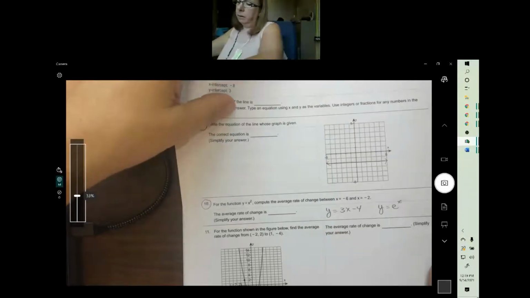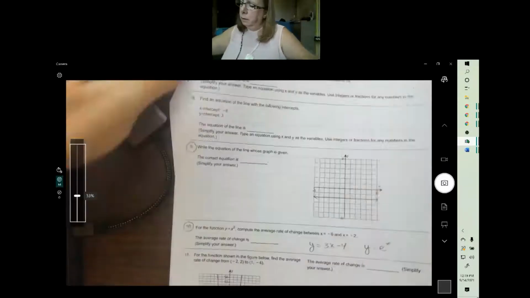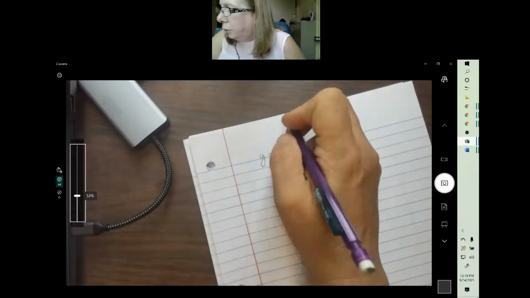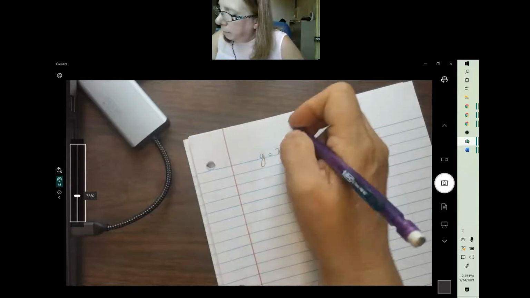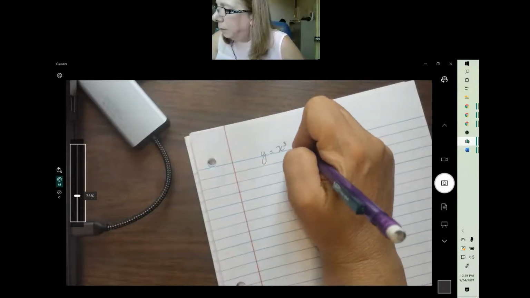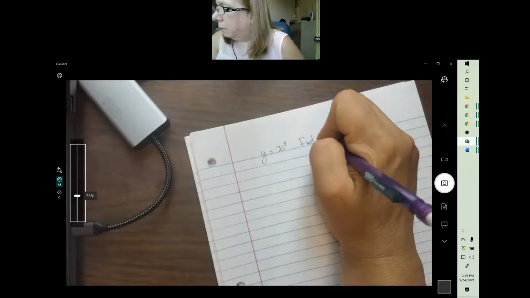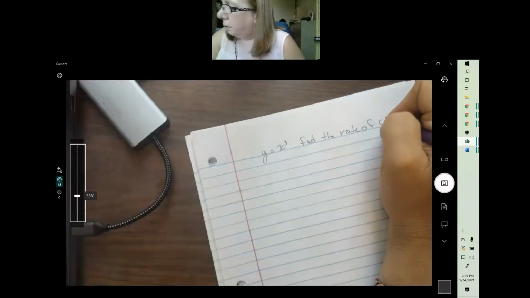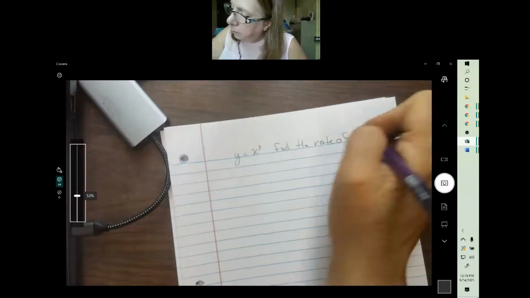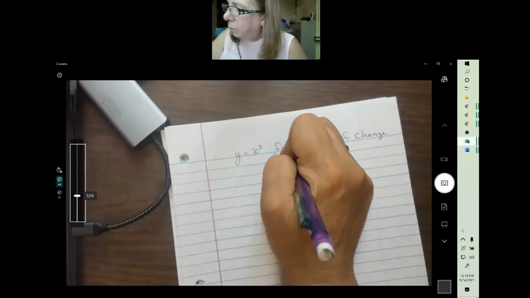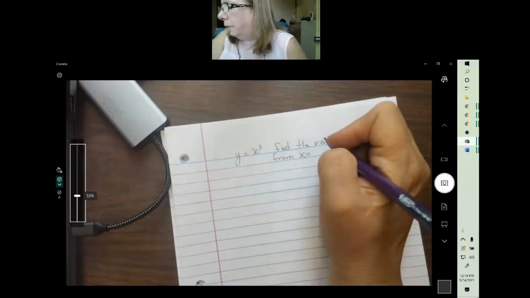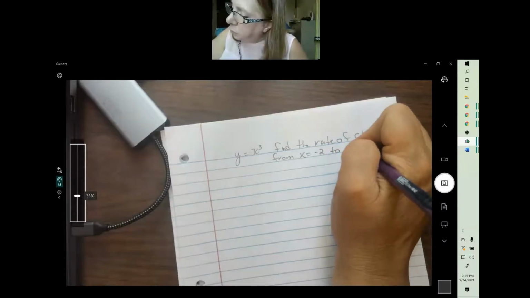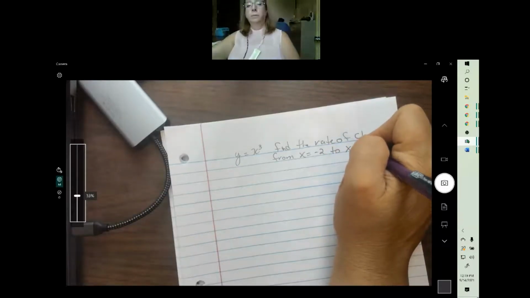If we had y equals x cubed, find the rate of change from x equals -2 to x equals 2.